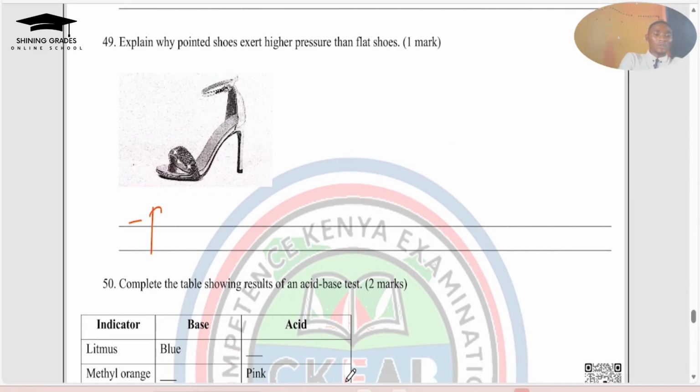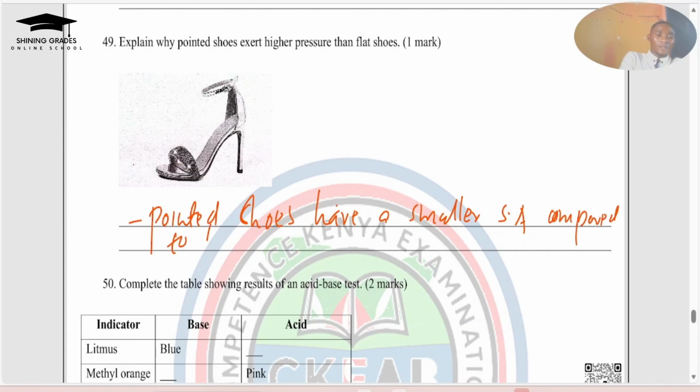Pointed shoes have a smaller surface area compared to the weight of the person, and hence higher pressure is exerted.